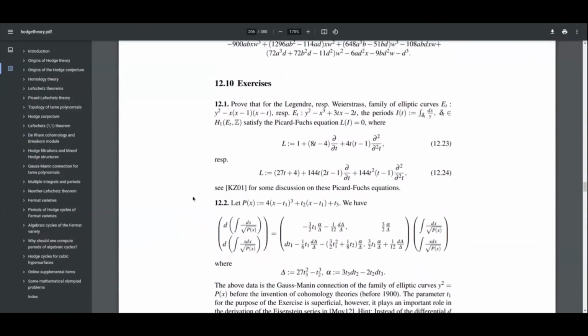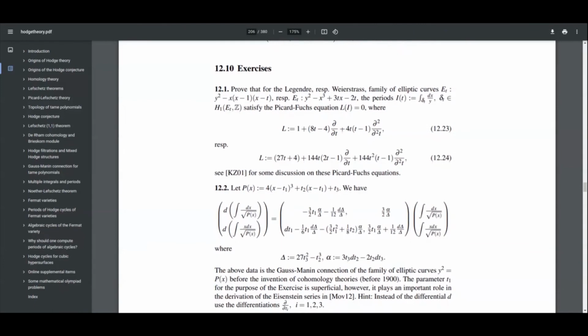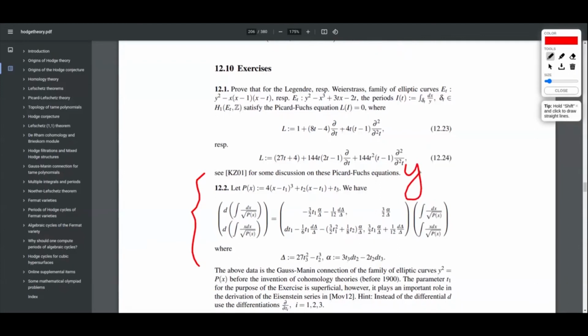For example, in this exercise, we consider just a family of elliptic curves y² = p(x), and you see that p(x) depends on three parameters.